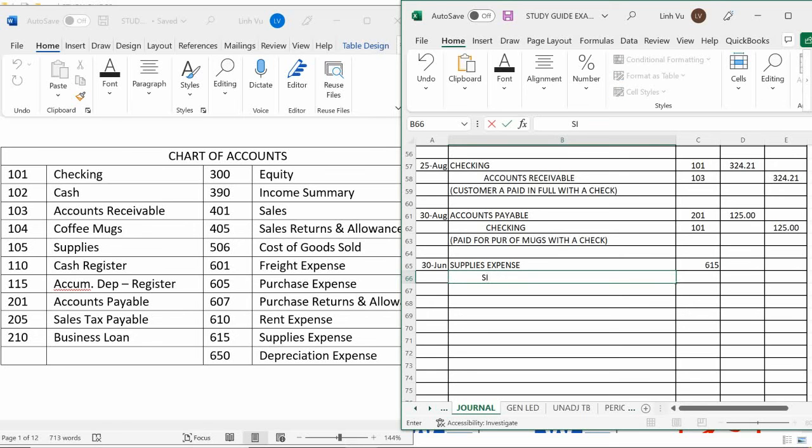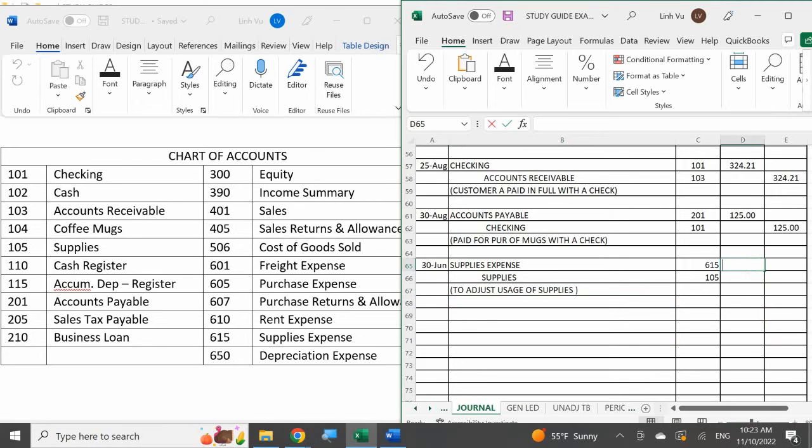From the supplies account. I'm going to put in a description: adjust usage of supplies. So how much did I use? $15.